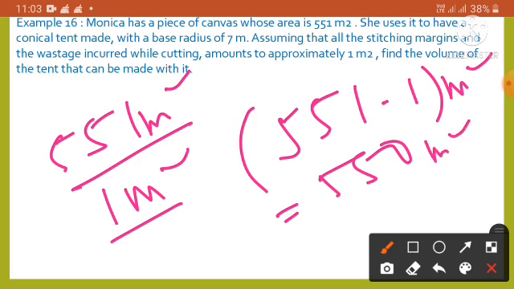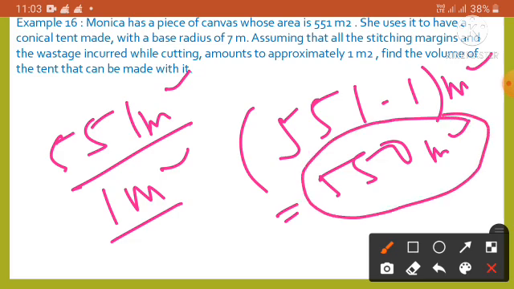So now the surface area of the tent is 550 meter square, and the base radius of the conical tent is 7 meter. Note that a tent has only a curved surface. The floor of a tent is not covered by canvas, that means the base area is not present here.